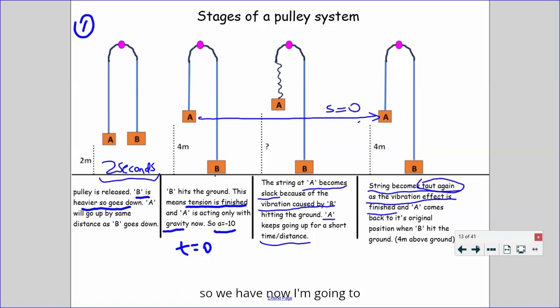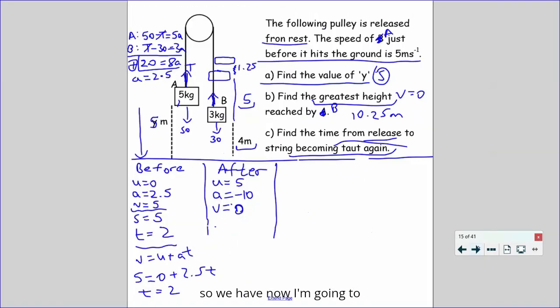Now I'm going to rub off V equals 0 because we are not using the highest point, right? We are using S equals 0. Now we need to find time. So the best formula to use is this one.